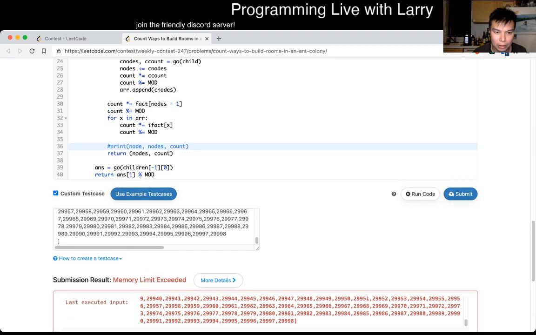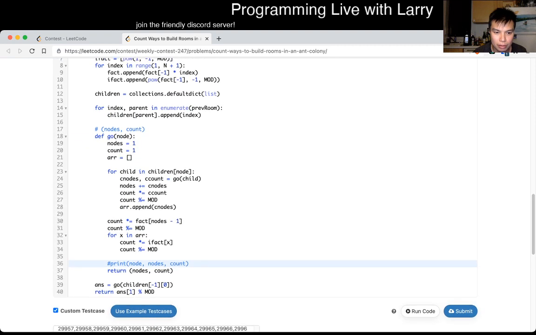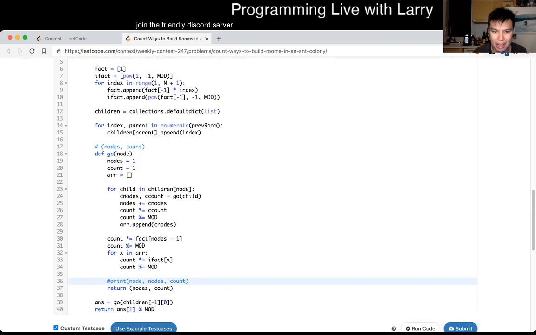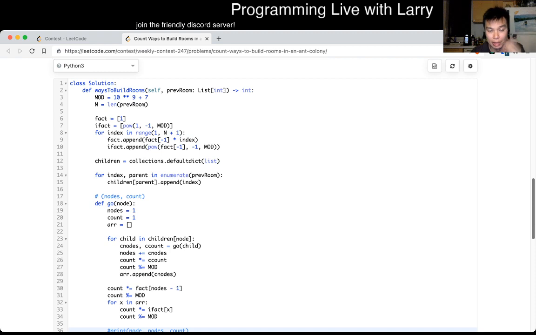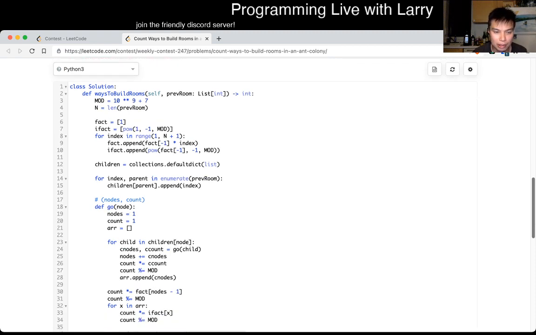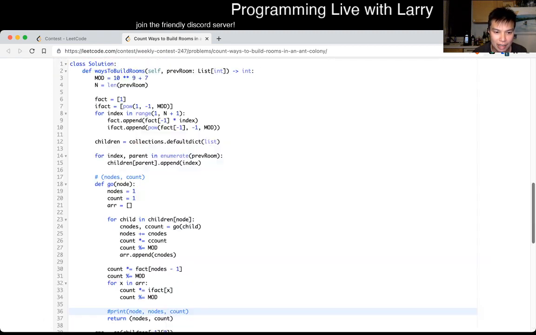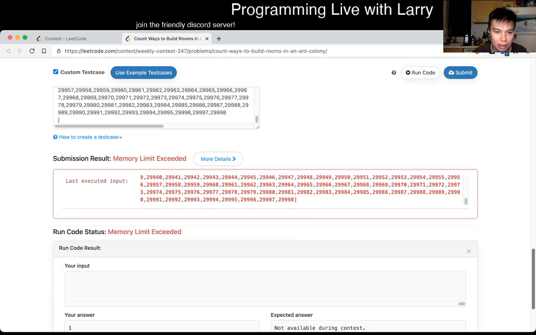What can I do to reduce the memory? I mean, it's just a recursive stack. What a waste of my time because of this recursive stack. Because I feel like this is actually probably right in another language.